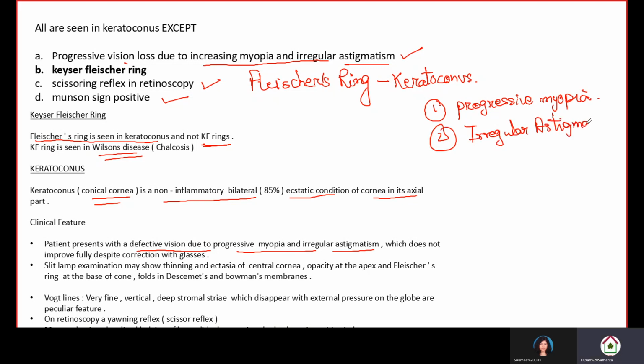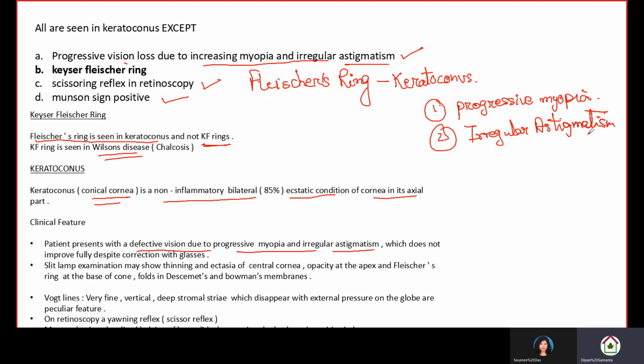Now, these features should be very clear to understand the case studies. Case studies are very common in ophthalmology, and sometimes they are not big, maybe 2 to 3 line case studies can come.